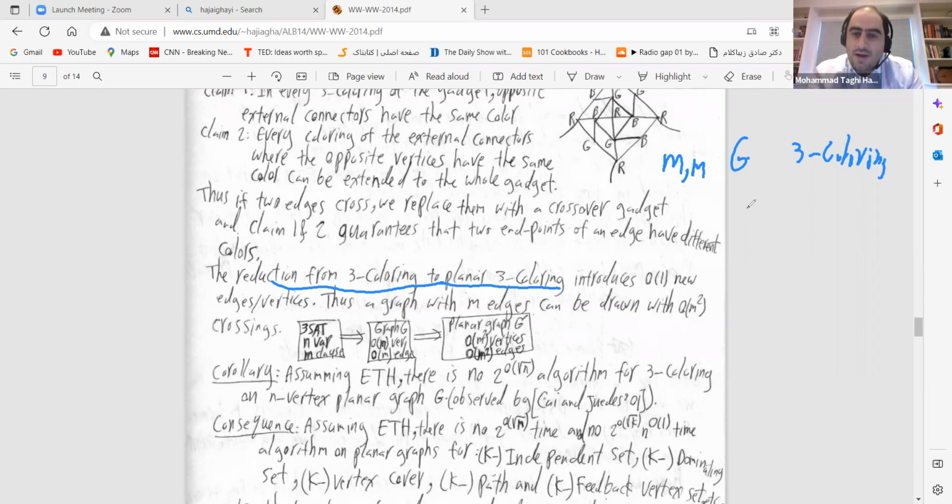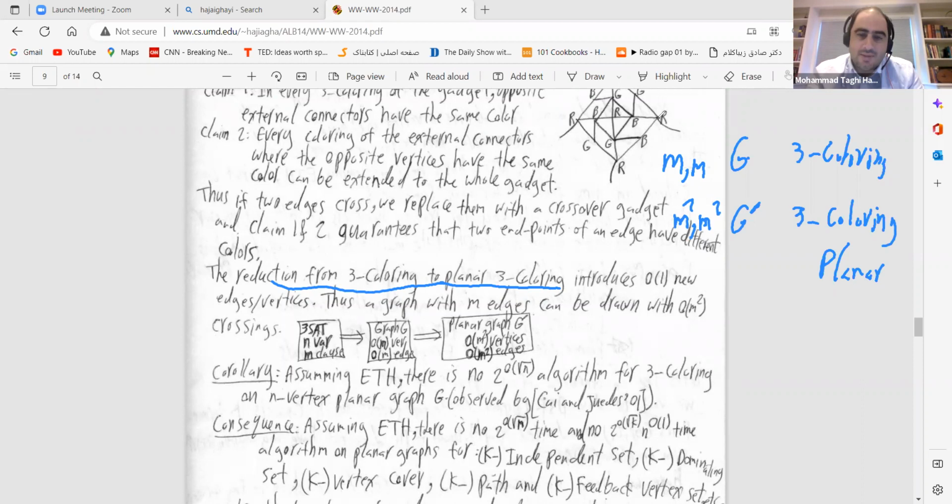Then this new graph G prime, the tricoloring planar graph, when we do that, the number of vertices and the number of edges become m square and m square.